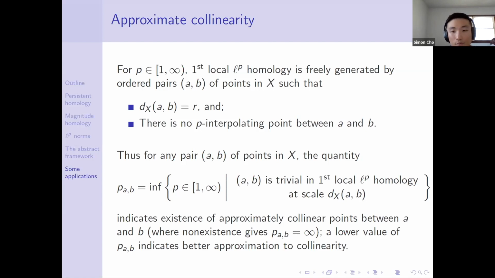The lower P is, the better the approximation you get to a point actually being collinear. So that's it for approximate collinearity. Are there any questions about this?